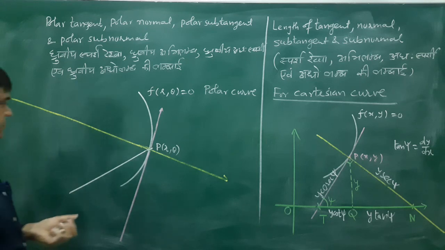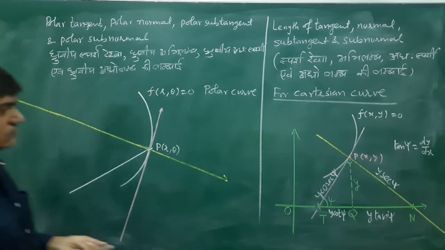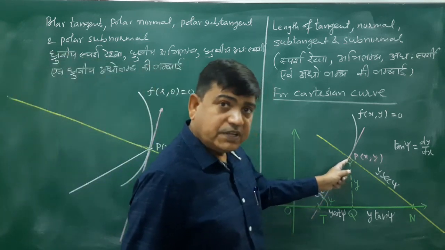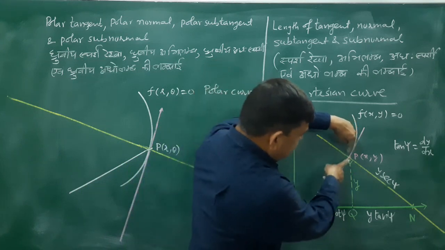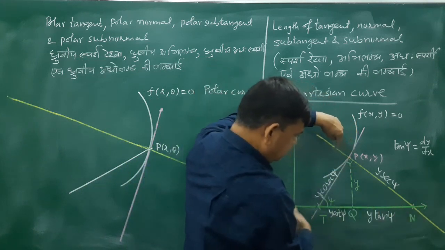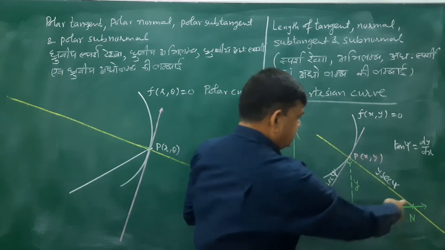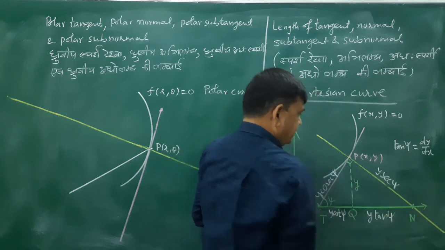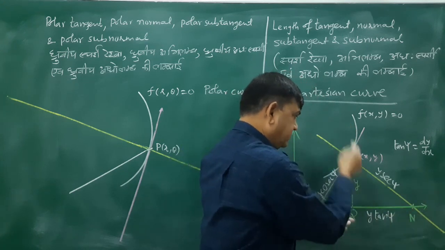Now remember, this is the point P. यहां से लंब कहां डाला है हमने? इसके ऊपर, एक्स एक्सिस के ऊपर, यहां पर y कोऑर्डिनेट के लिए बात कर रहा हूं मैं.